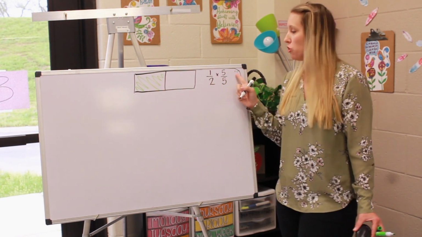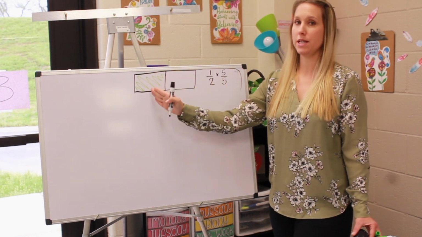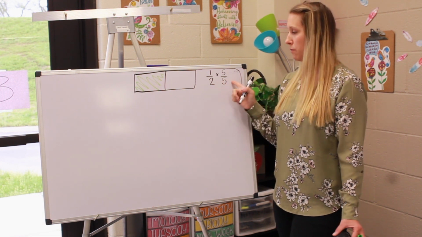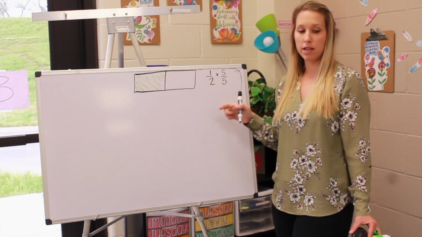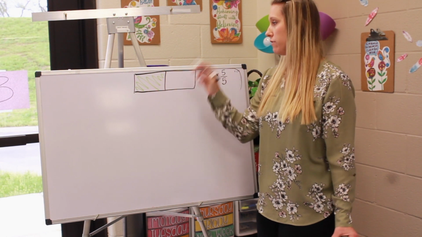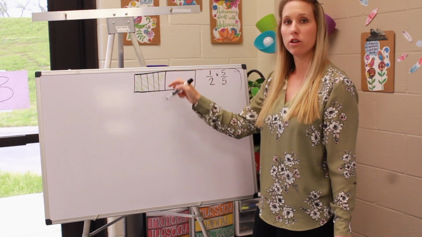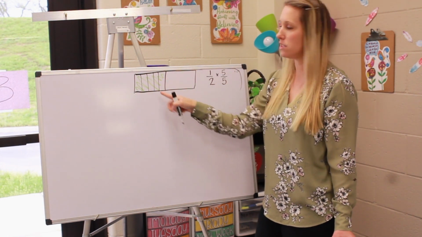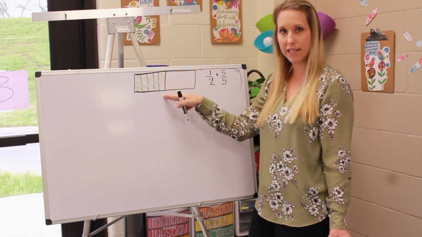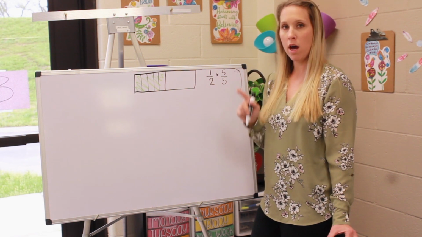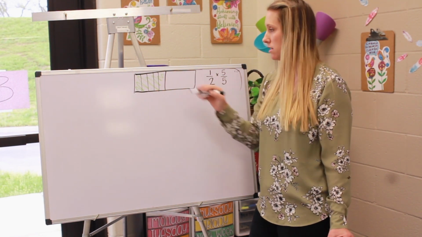So what that 2 meant, remember, was that we cut each piece into 2. This time, if I'm using 5, that means I'm going to cut each piece into 5. So let's do that. 1, 2, 3, 4. You'll notice I only made 4 cuts, but it gave me 5 pieces. I always tell my students 1 less cut than the number of pieces.